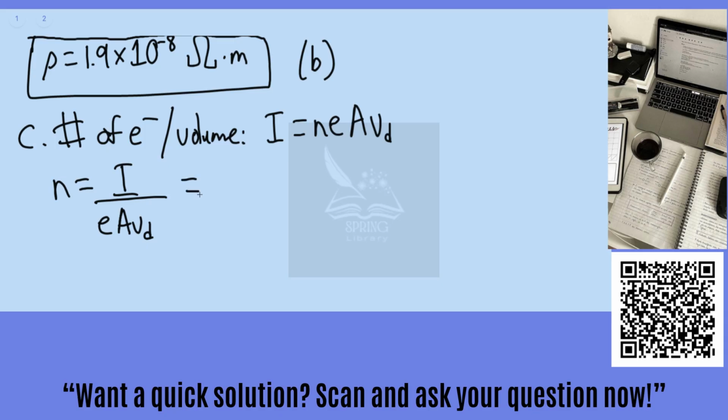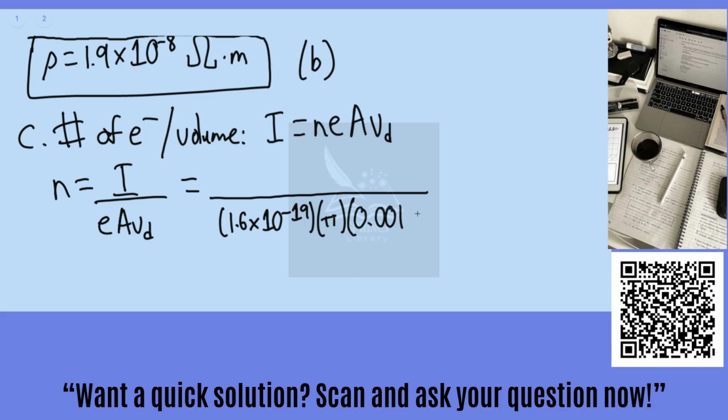And this is going to equal 1.6 times 10 to the negative 19th times the area. So this will simply be pi times 0.001 squared. I just found a radius real quick. Radius equals d over 2, so 0.001 meter. And then times the drift velocity of 1.7 times 10 to the negative fifth.